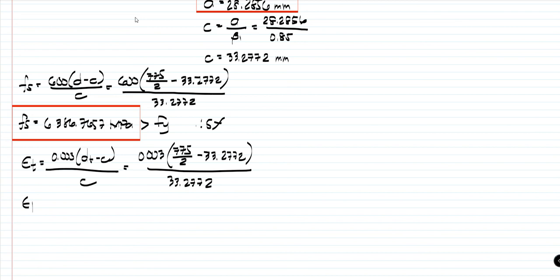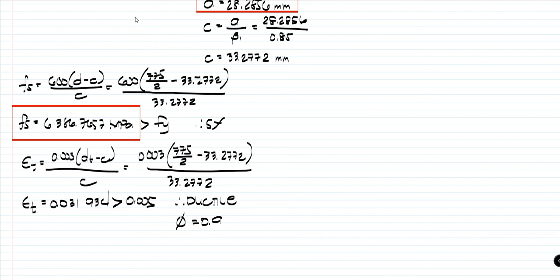So, our epsilon sub t now will just be equivalent to 0.031934, which is far greater than 0.005. Therefore, our beam is ductile and yung phi natin will be equivalent to 0.9.